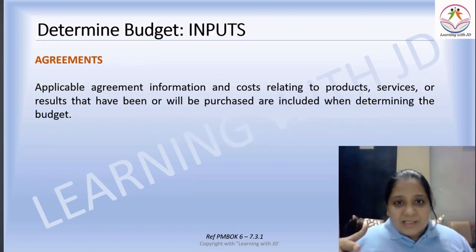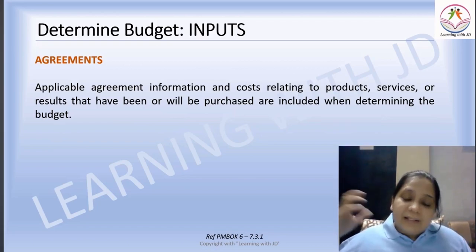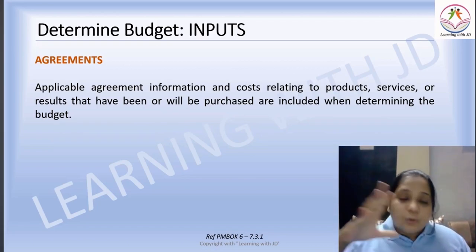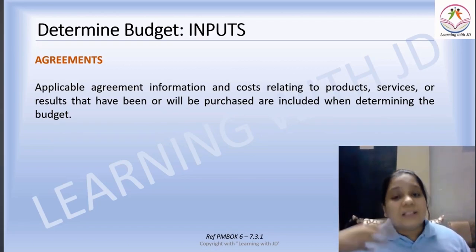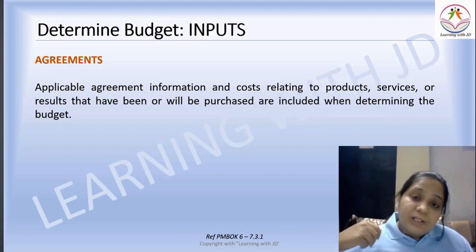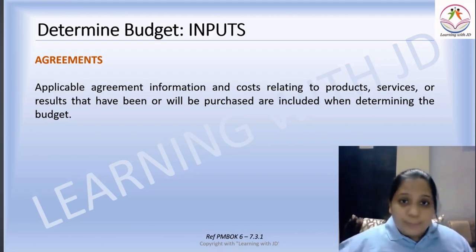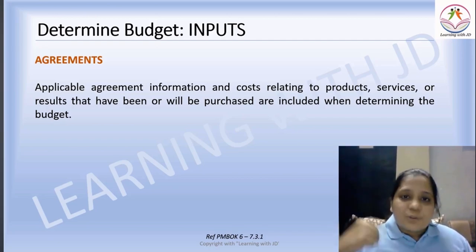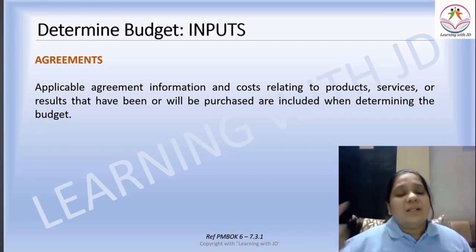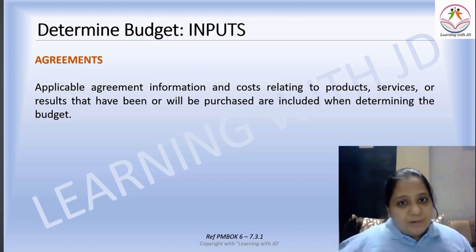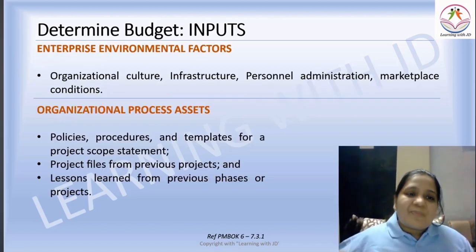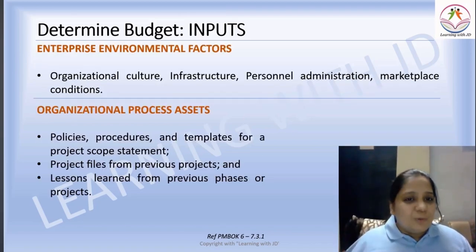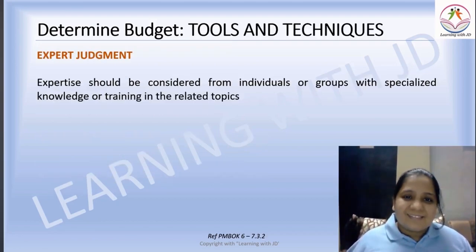And of course the agreements, because when we are talking about an entire budget at an overall level, you will have to know what the third parties involved are, and what the various relationships or agreements are that you will have with various third parties. Hence agreements are always an input while determining your budget. Of course, your EEFs and OPAs. We've spoken about EEFs and OPAs n number of times. That is also a part of your determine budget inputs.